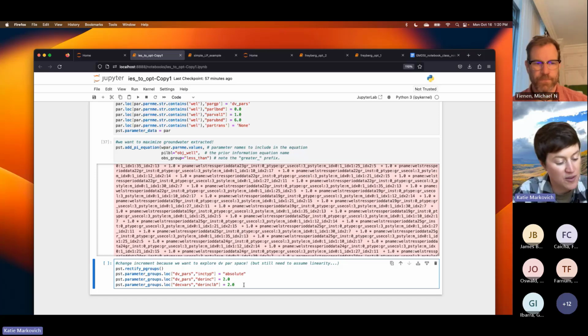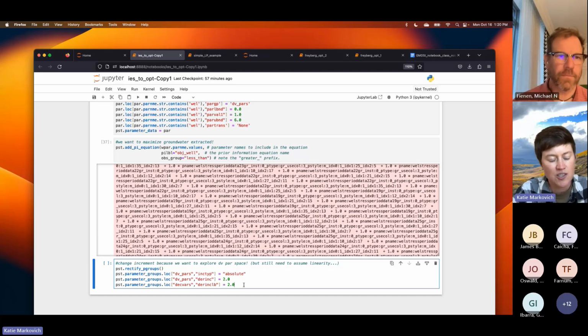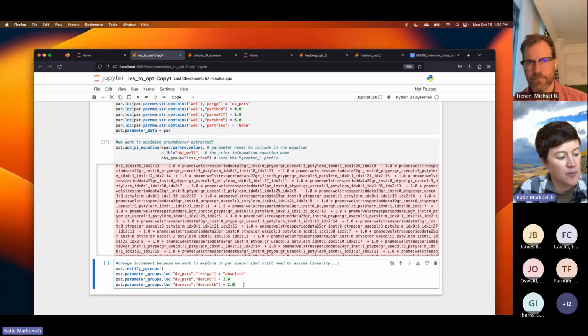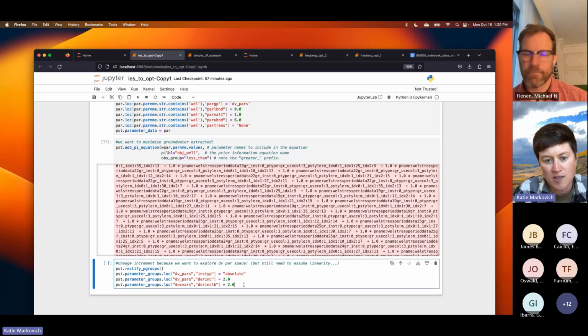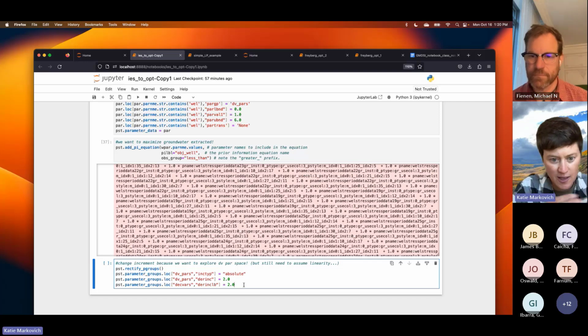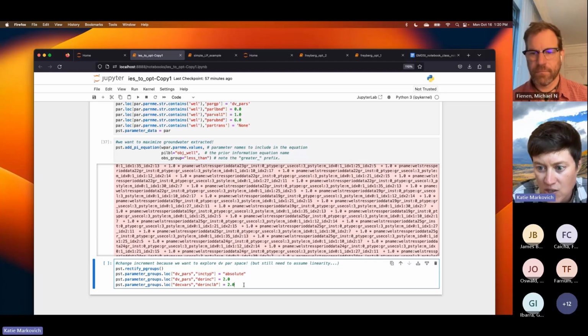But with linear optimization, we want to actually explore as much of that space as possible, but we're still subject to that linearity assumption, right? So the idea is that you want to have a larger increment for optimization problems, but not enormous, because you still need to assume that your model is going to behave linearly within that incremental change.